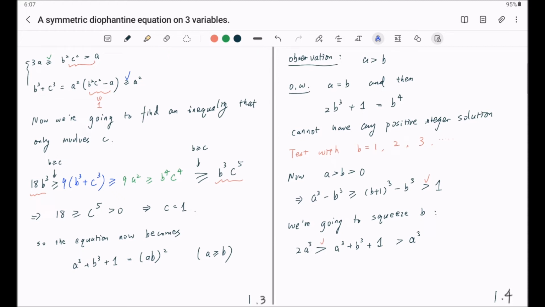The thing in the middle, because A being a solution, is equal to A B squared. Again, we can do some cancellation here. By canceling out A squared, we're going to get 2A greater than B squared greater than A. Okay, we get a good inequality similar to this.